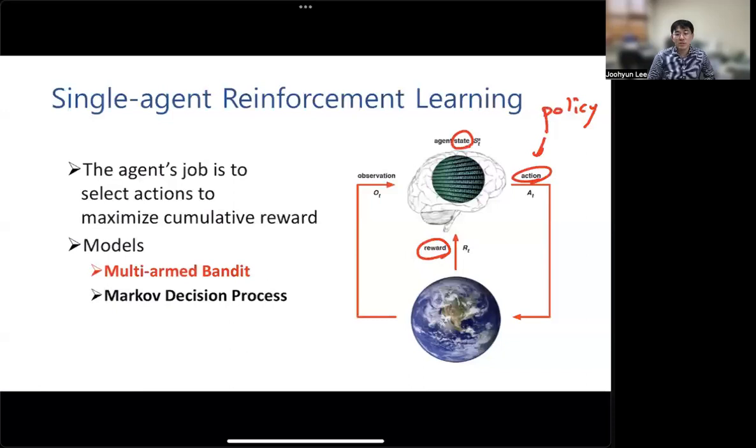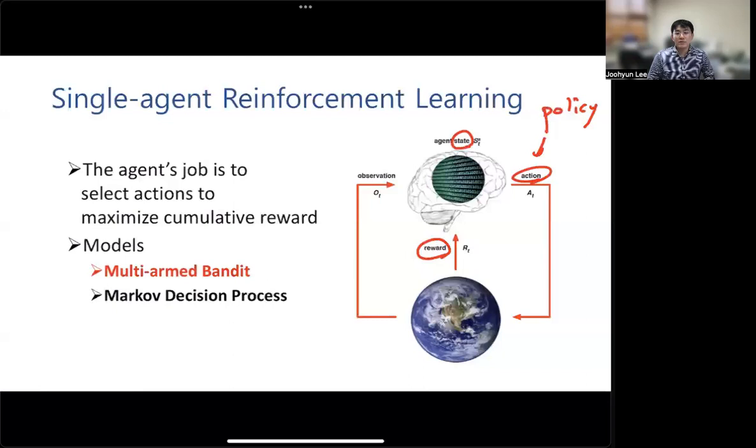The immediate reward is given from the given state and action. This reward can be random. And we want to maximize the cumulative expected reward over time.